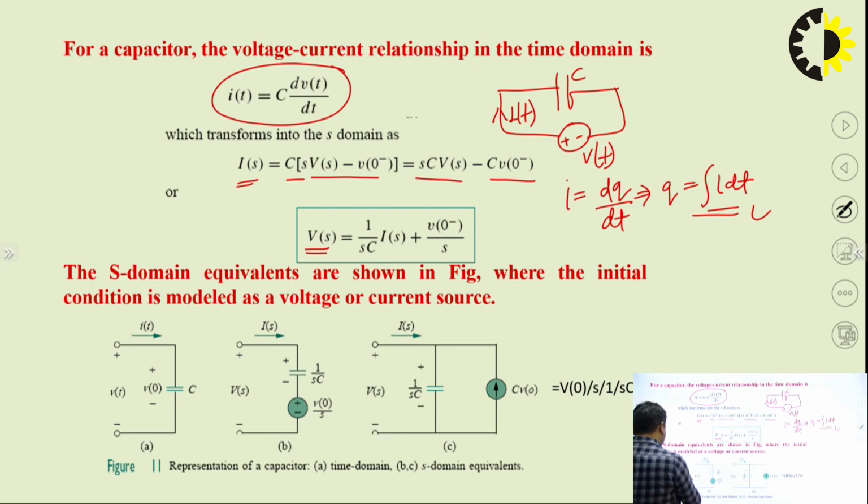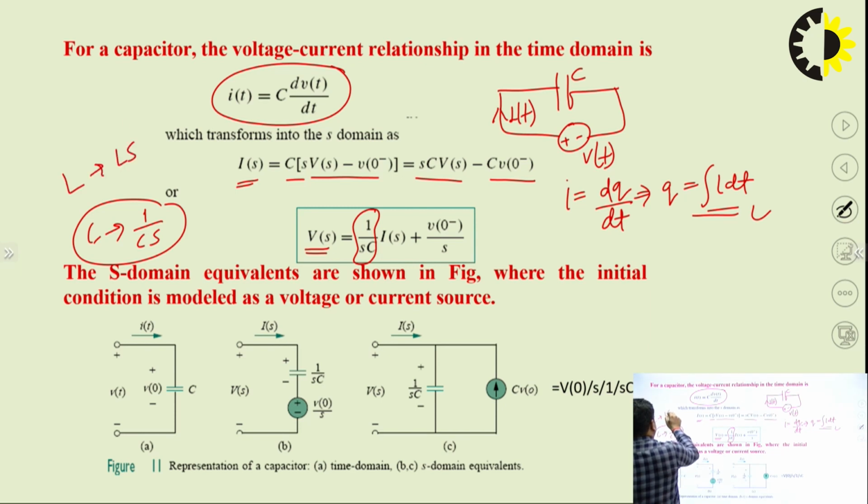So in this case, C is replaced by 1/(Cs), and L is replaced by L times s. R is not replaced; there is no change for resistance.